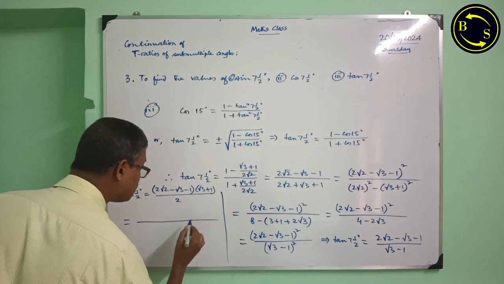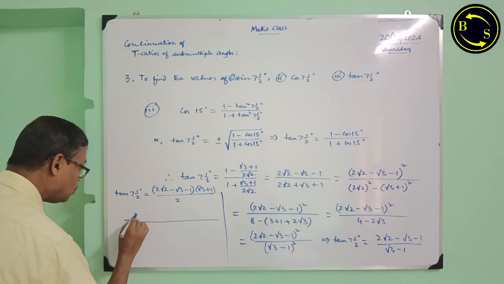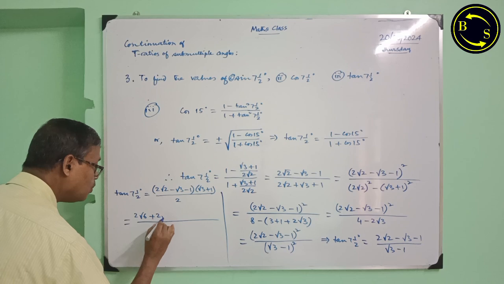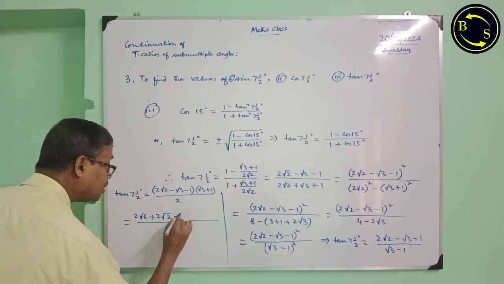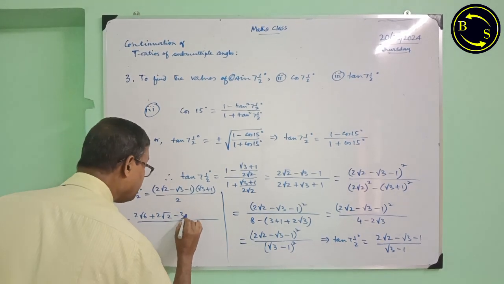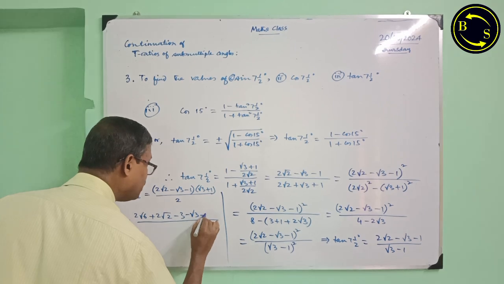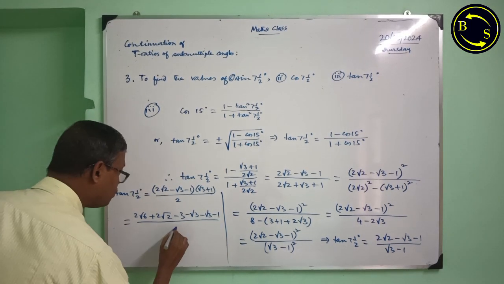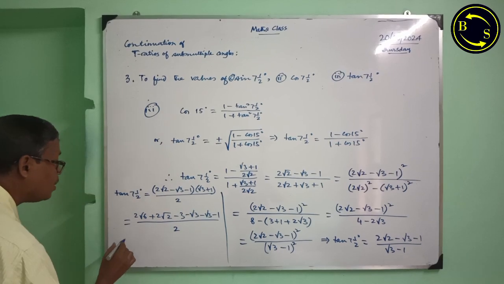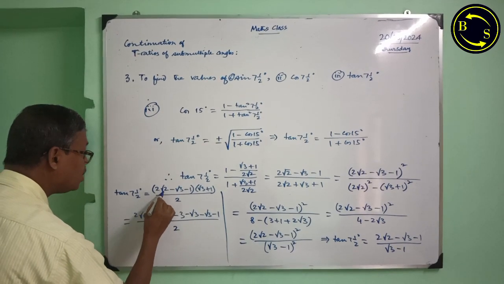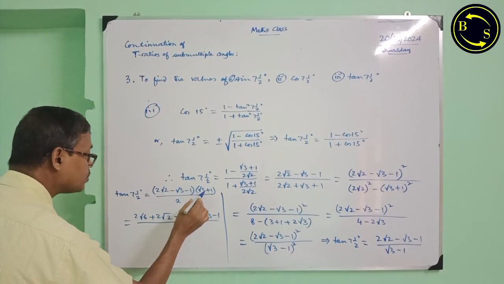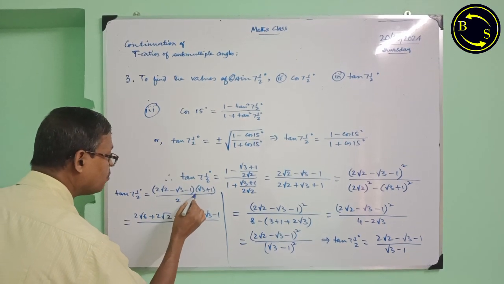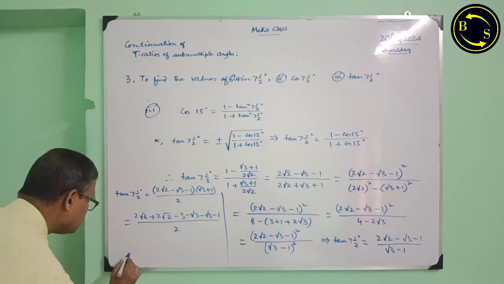Then multiplying, 2 root 6 plus 2 root 2 minus 3 minus root 3 then minus root 3 minus 1.